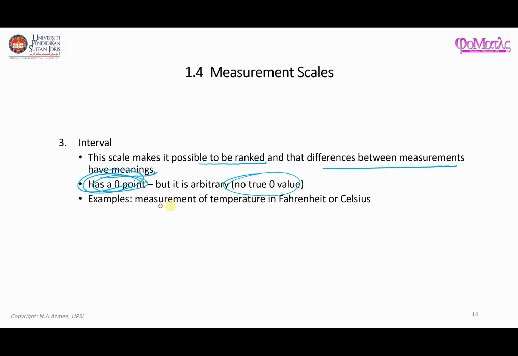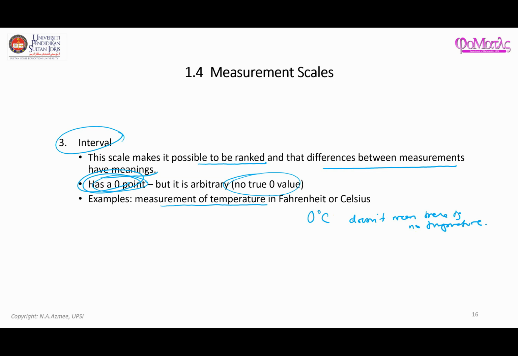For example, measurement of temperature in Fahrenheit or Celsius is the classic example of interval scale. What it means is that when you say the temperature is 0 degrees Celsius, 0 doesn't mean there is no temperature.